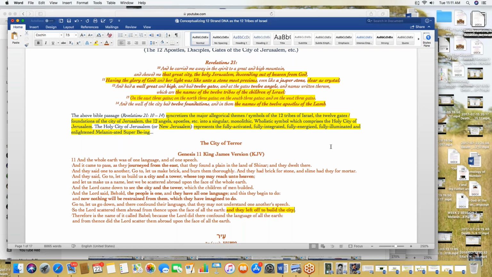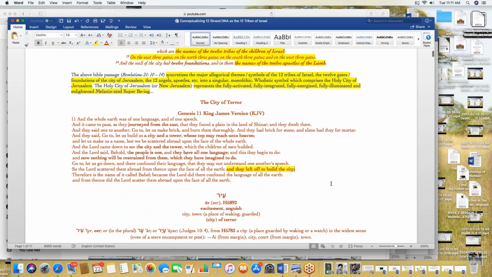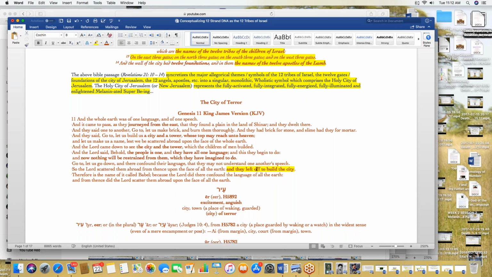Therefore is the name called Babel, because the Lord did there confound the language of all the earth. And from thence did the Lord scatter them abroad upon the face of the whole earth. And subsequently, family created an out of Africa theory.